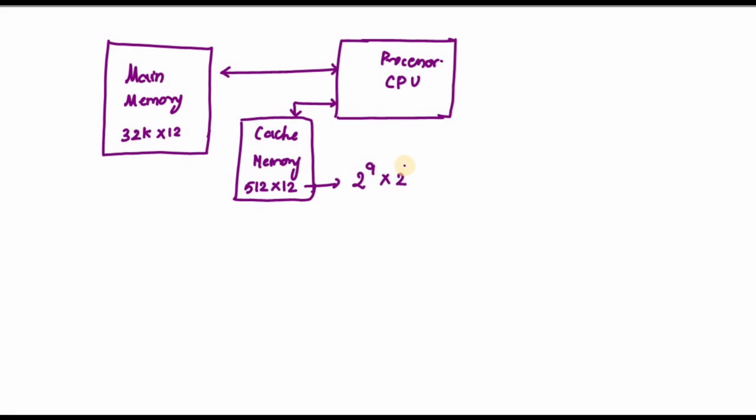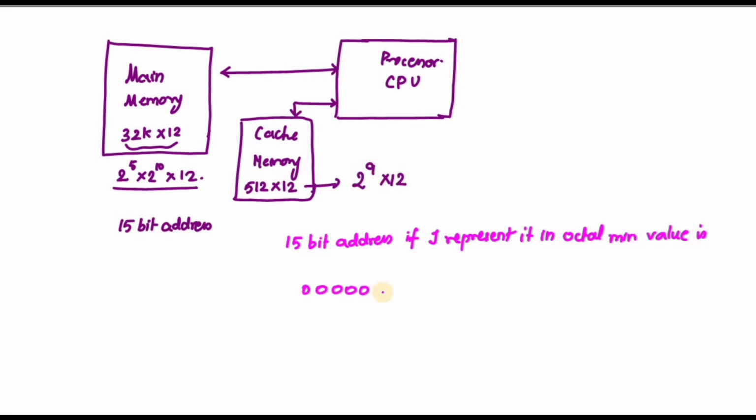And the main memory is 2 power 5 into 2 power 10, because K represents 2 power 10. So it is 15 bits of address and 12 bits of data.